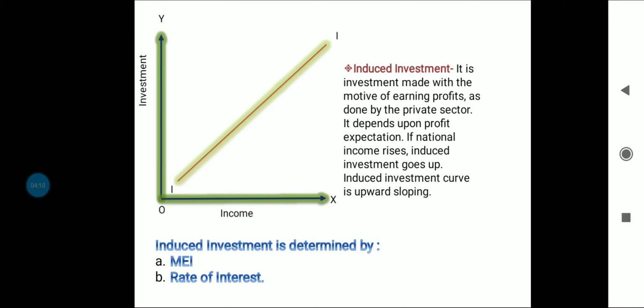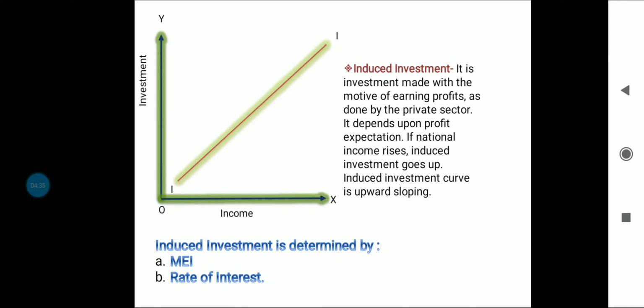It is the investment made with the motive of earning profits, as done by the private sector. It depends upon profit expectations. If national income rises, induced investment goes up. The induced investment curve is upward sloping, as you see in the diagram.